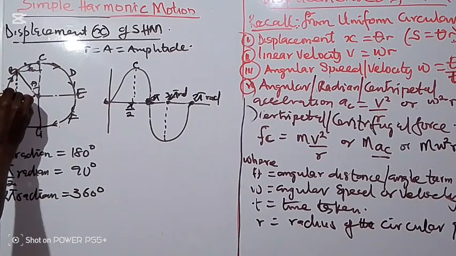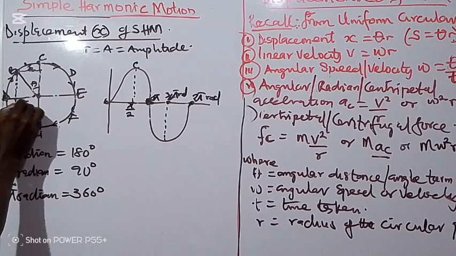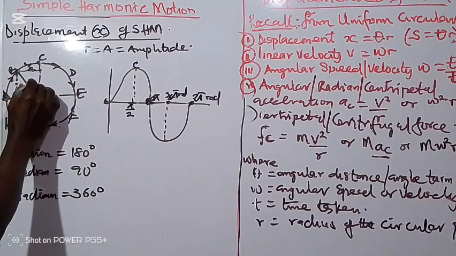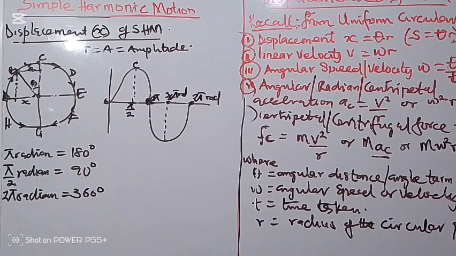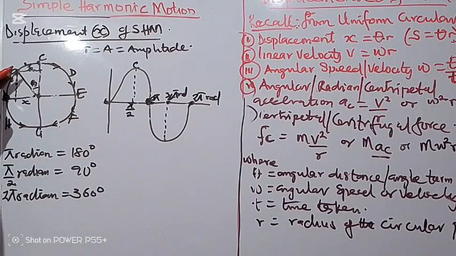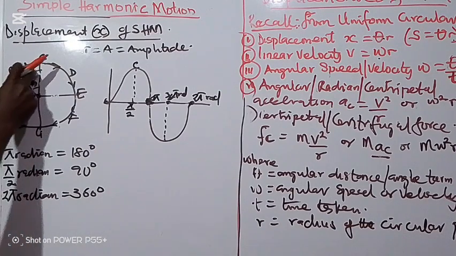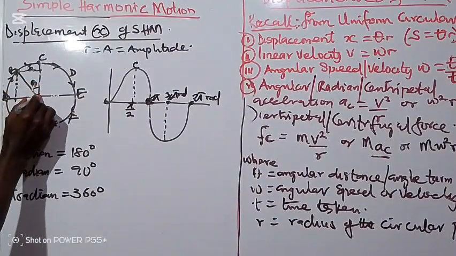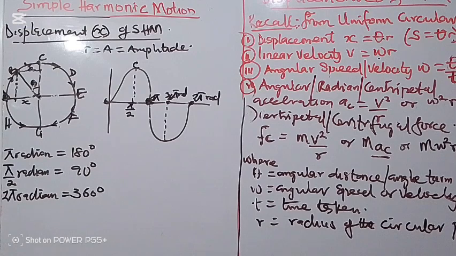Considering this angle theta, this one will be opposite, and the hypotenuse is from the center of the circle, let's call it OB.